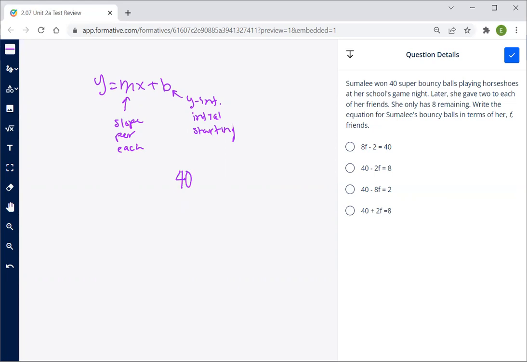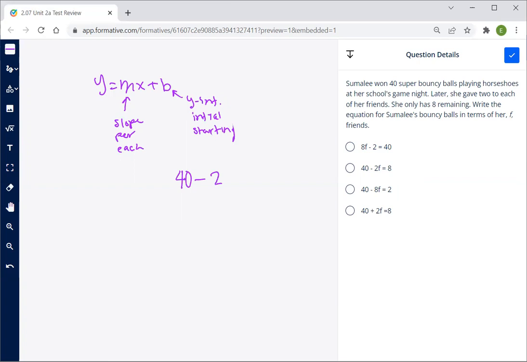Okay, and then it says she gave 2 to each of her friends. Okay, so 2, since it has each there, that is going to be the slope. However, if she's giving them away, it means we want to subtract 2. Okay, and I'm going to kind of switch this equation around because I want to subtract 2 from each of her friends.